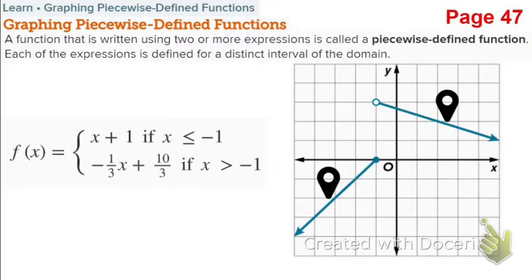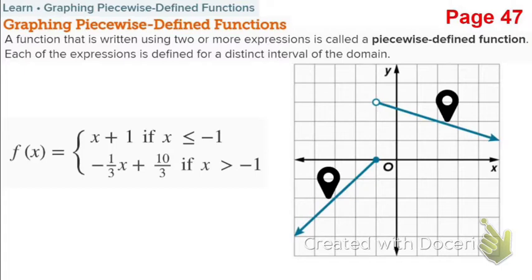Piecewise functions are going to have f of x or a y equals, and then it's going to have this curly bracket. Do you guys see the curly bracket there? If you were thinking about lined notebook paper, how many lines vertically am I looking at inside these curly brackets?